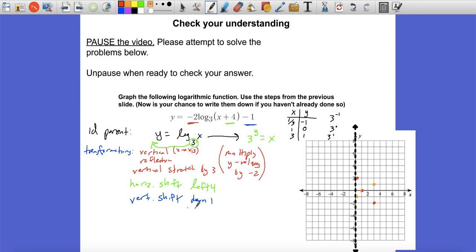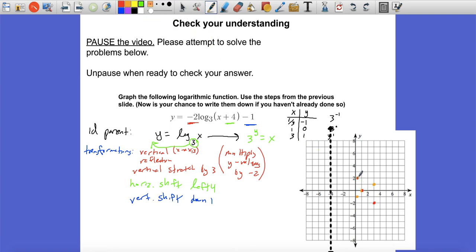And now we apply our horizontal shift and vertical shift. So we've got to move everything left 4 and down 1. Remember, our asymptote gets affected by leftward shifts. So we're going to make this go left 4. So we're ready to move those red points left 4. All right, and then let's move our actual points. Now let's make it green just so it stands out a little better.